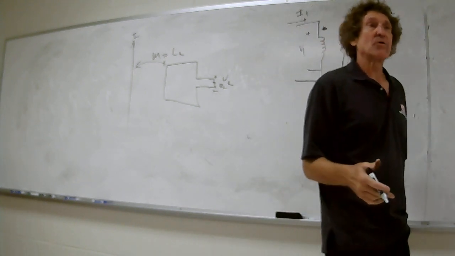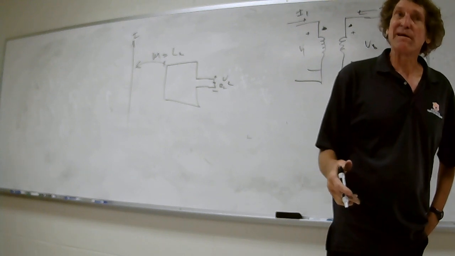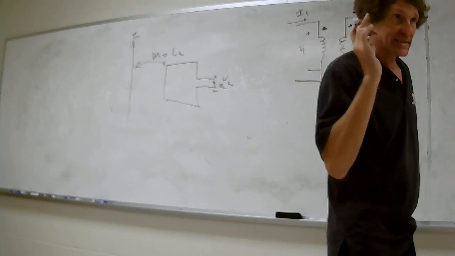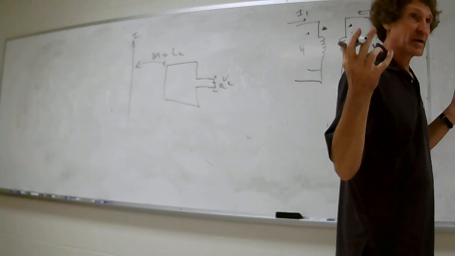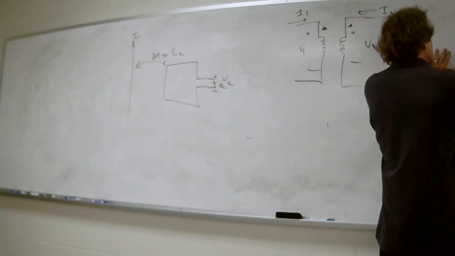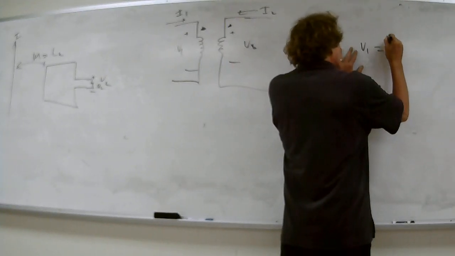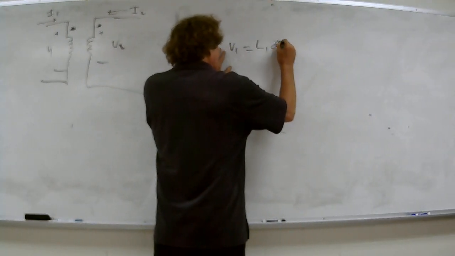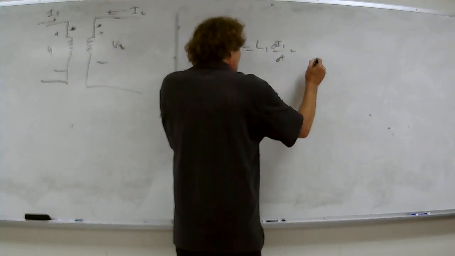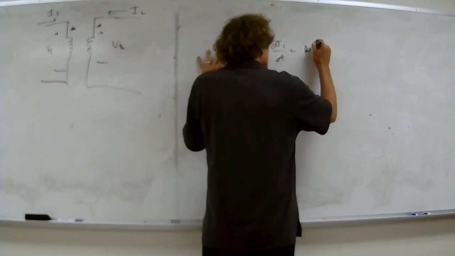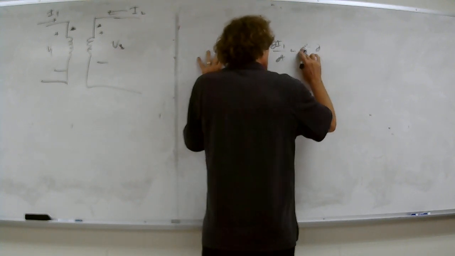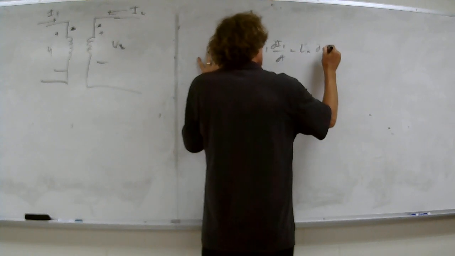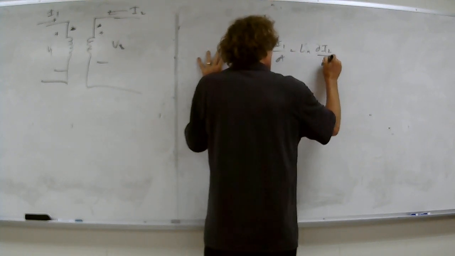Here's the mathematical relationship. This would have to do with lumped elements. Remember? That's a lumped element, a transformer or a mutually coupled circuit. It would say that V1 here is equal to L1 times dI1/dt, plus M, I'll use Lm, times dI2/dt.